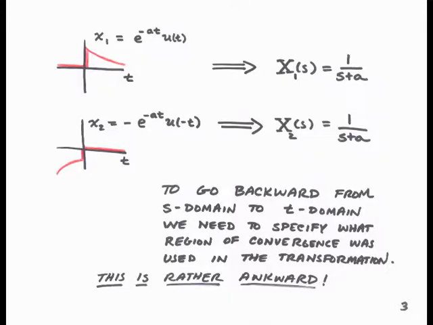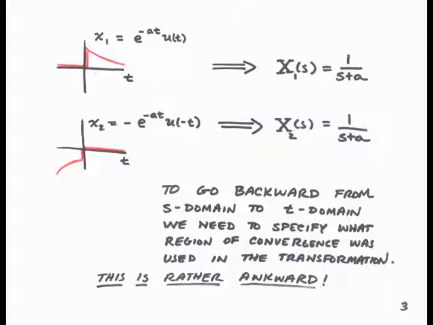Here is an example. We have two signals, x1 and x2. x1 is a causal signal, and x2 is anticausal. Yet the Laplace transform of both x1 and x2 is the same, 1 over s plus a. So this indicates the lack of uniqueness.